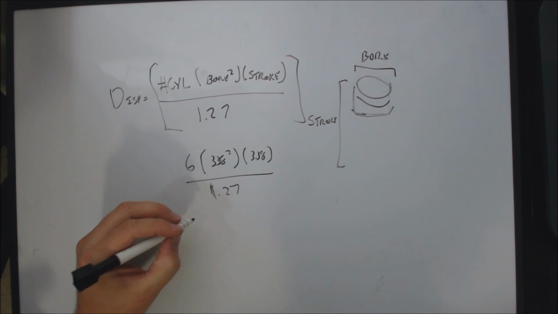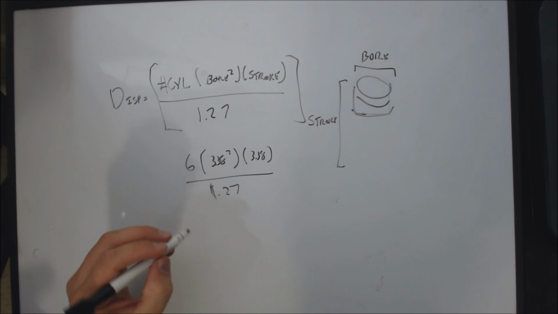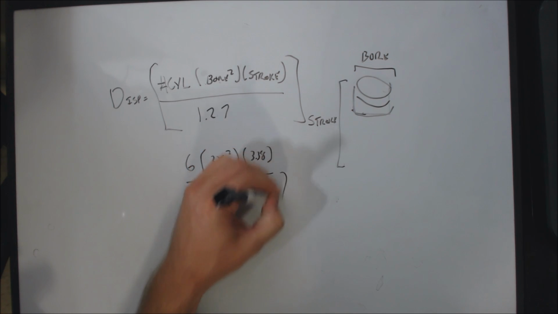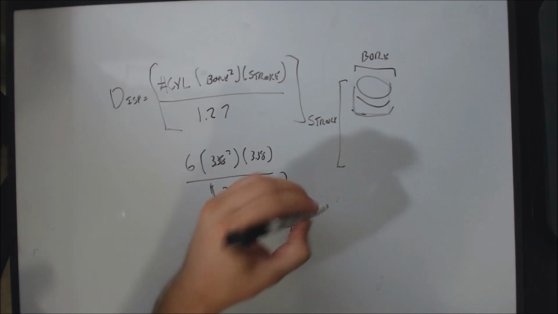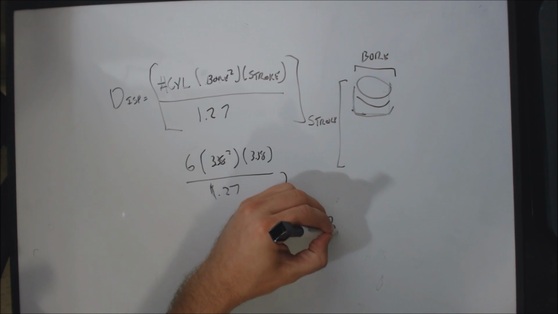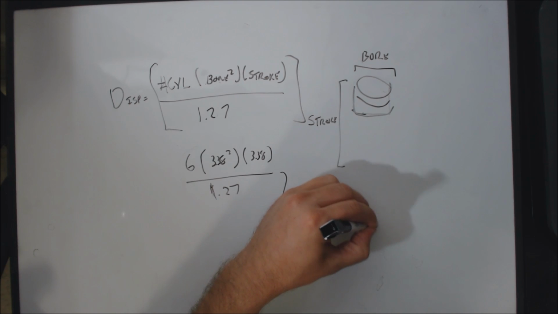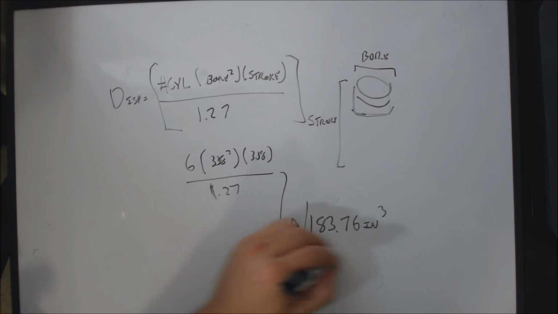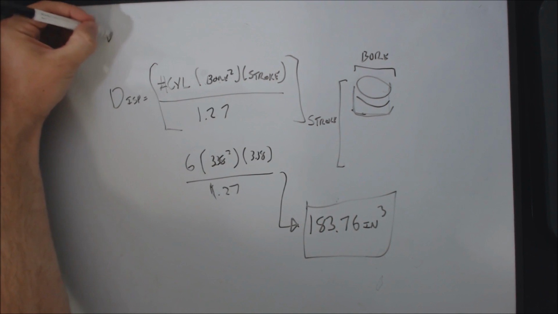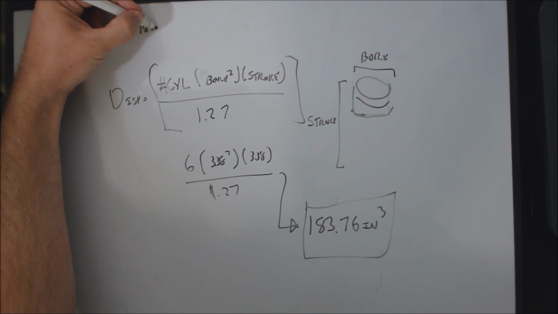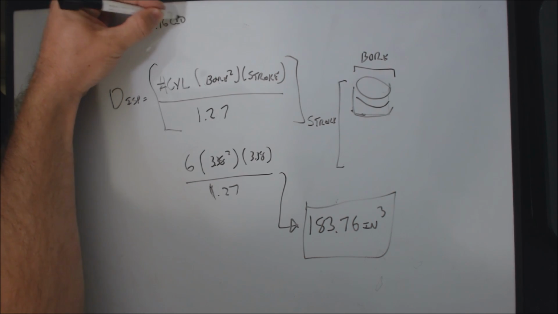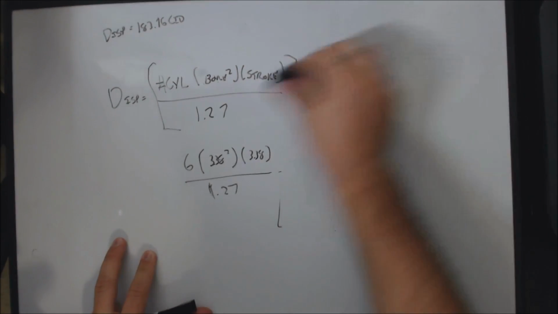So I say 6 times 3.38 squared times 3.38 divided by 1.27. That comes out to be 183.76 inches cubed. So the displacement of my engine is 183.76 CID, or cubic inch displacement.